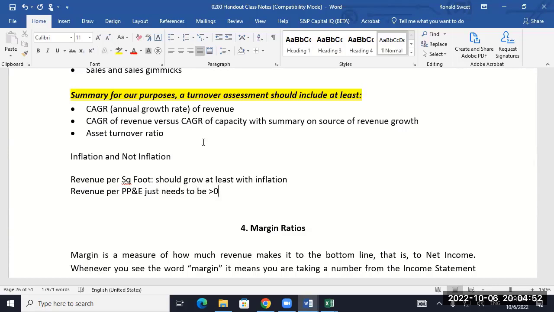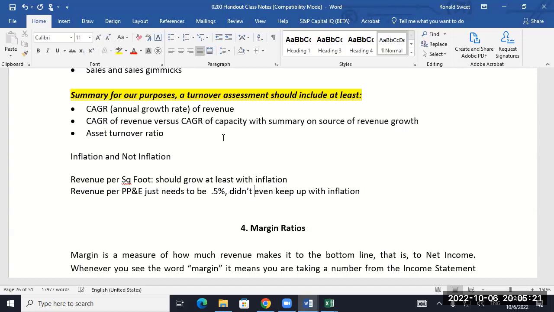Why is that? I say, wow, revenue per square foot should grow at least 2%, but revenue per PP&E growing 0%, that's fine. Why would you say that? Why would you not want to say, hey, revenue per PP&E was 0.5%, didn't even keep up with inflation? Why am I going to take off points there?